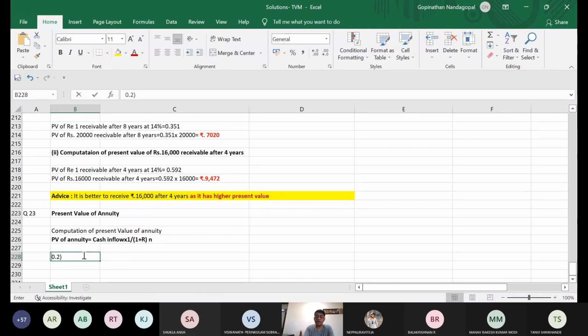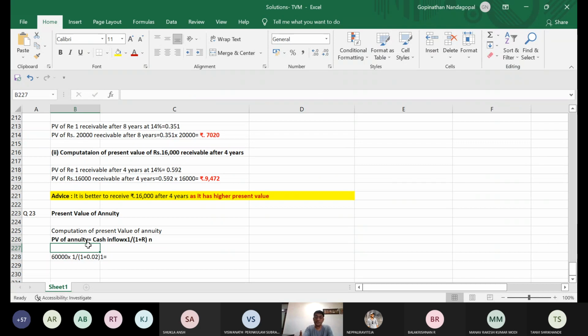My God, I deleted everything. So 60,000 into 1 divided by 1 plus 0.02 whole power n. How much do you get?